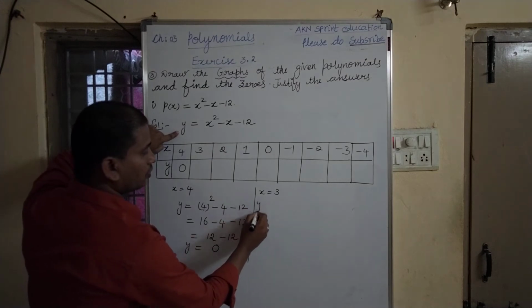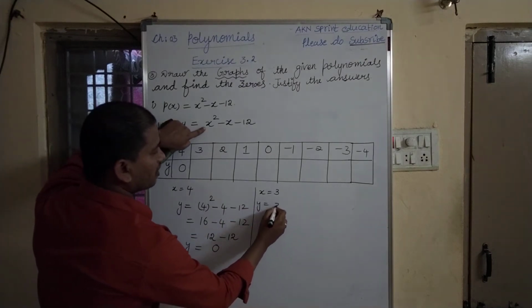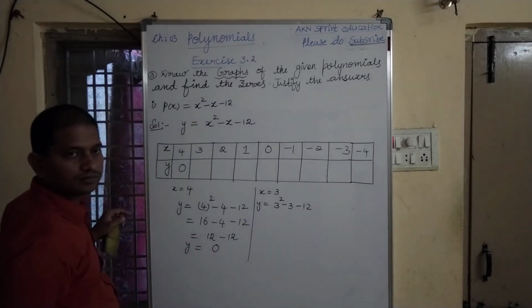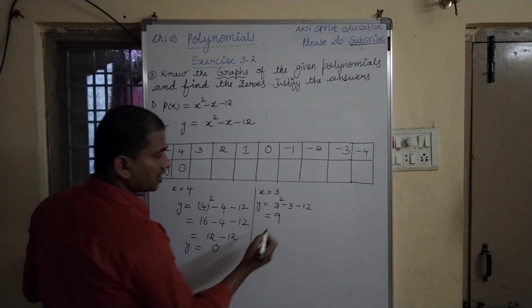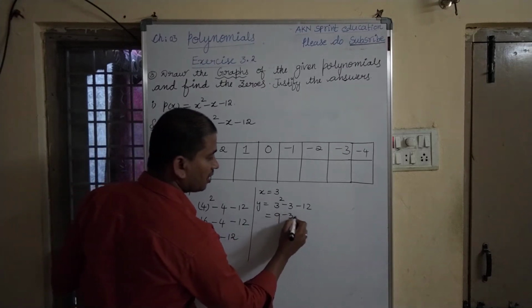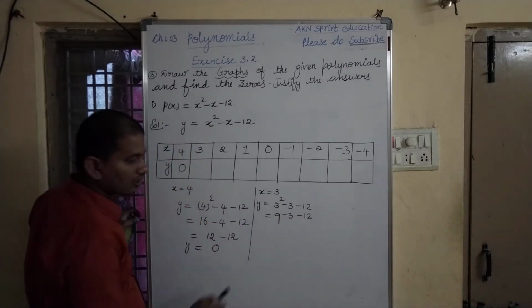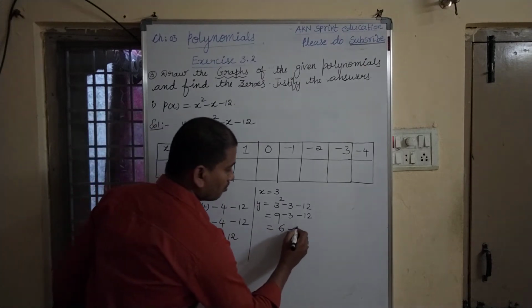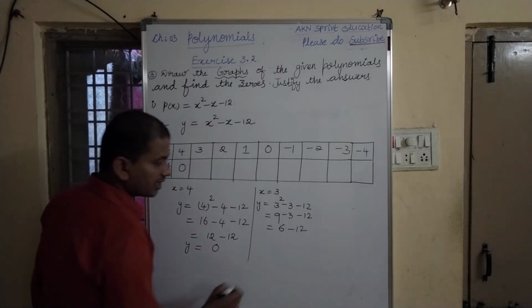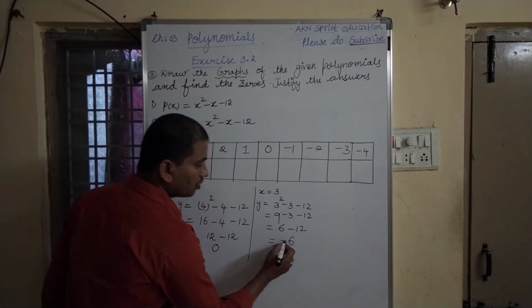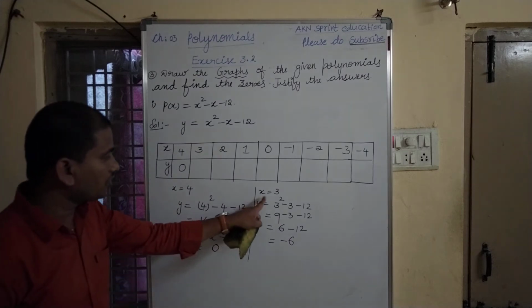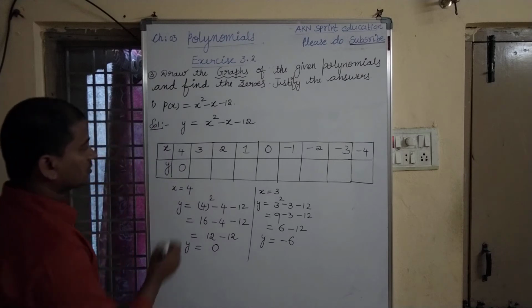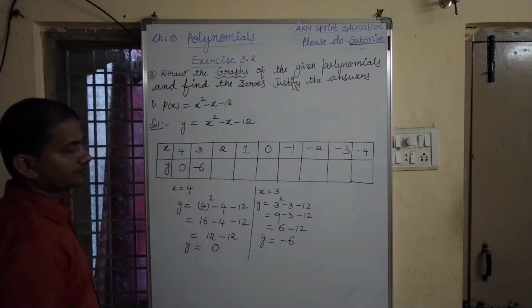That is y equal to x square, I mean 3 square minus 3 minus 12. 3 square, 3 3s are 9, minus 3 minus 12. 9 minus 3 is equal to 6, minus 12. 6 minus 12 is equal to minus 6. When x equal to 3, what is the value of y? Y value is minus 6.